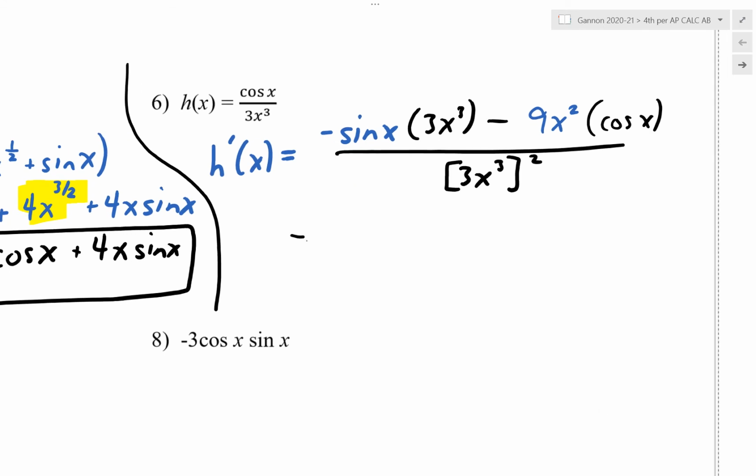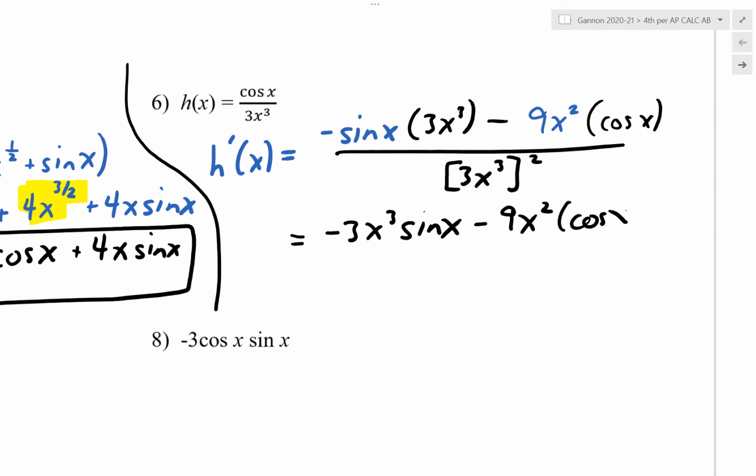So if we look at this, we can kind of break this down and simplify it to: we've got negative 3x cubed sine of x minus 9x squared cosine of x over 3 squared is 9, x cubed squared is x to the 6th.